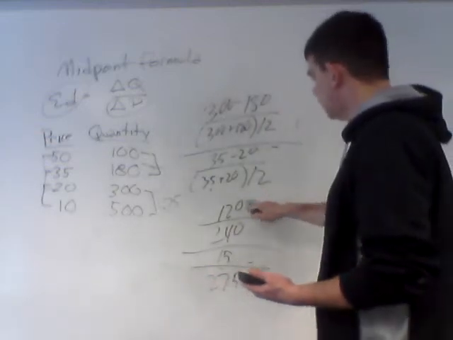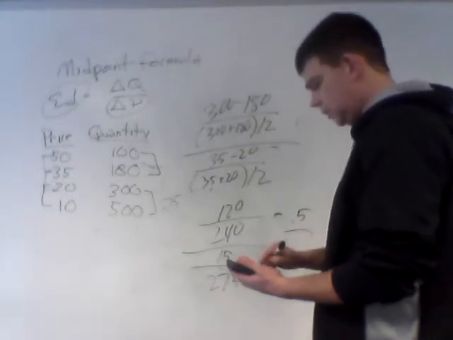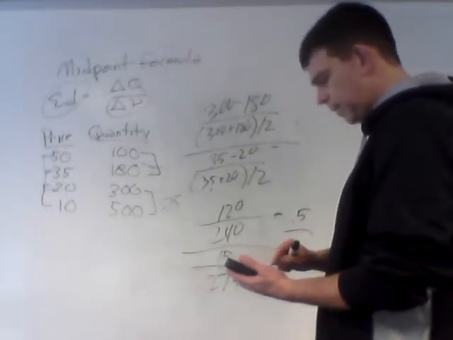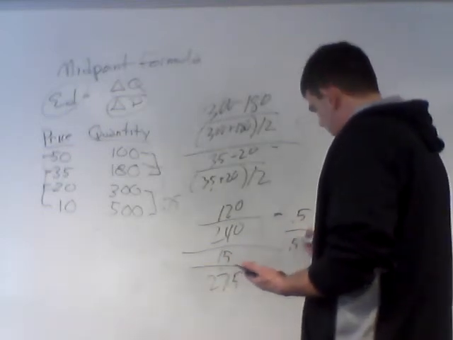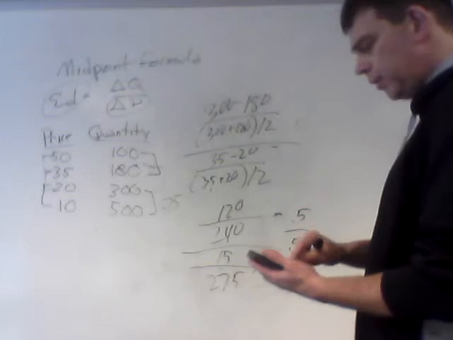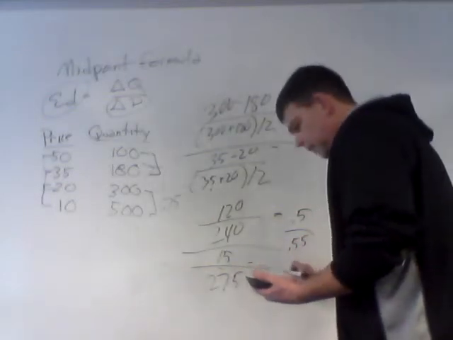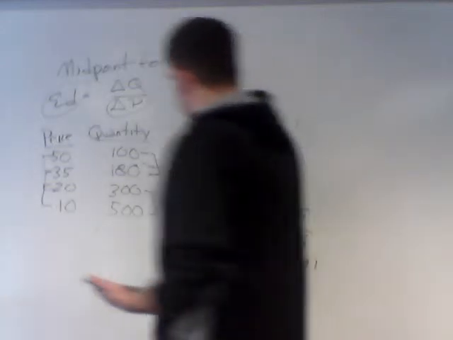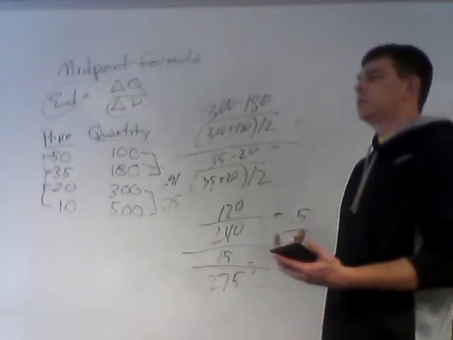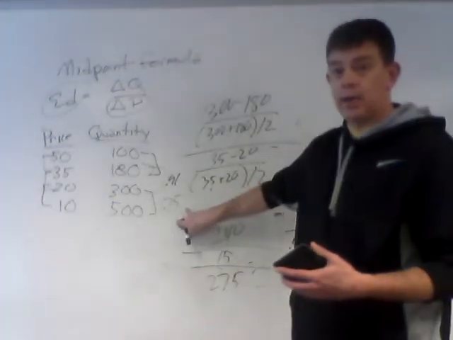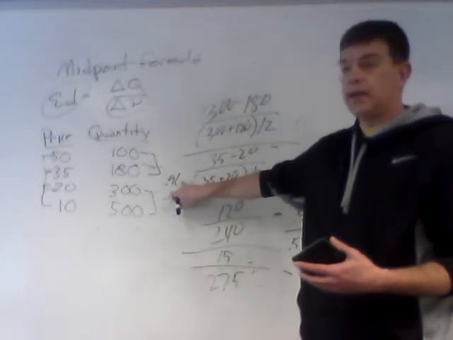So, again, we'll simplify this formula here. That's 0.5. And 15 divided by 27.5 apparently equals roughly 0.55. So, 0.5 divided by 0.55 equals roughly 0.91. Okay? So in this case, we've moved from moderately inelastic to slightly inelastic.